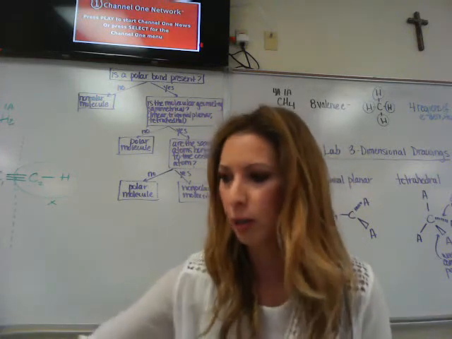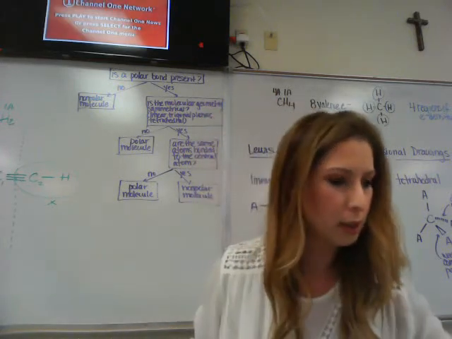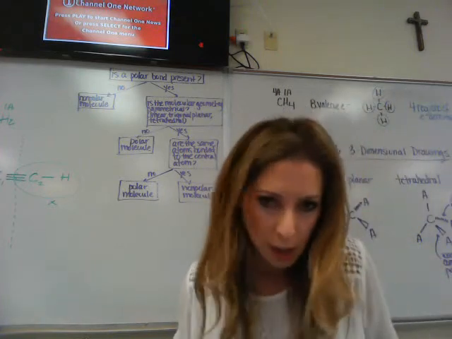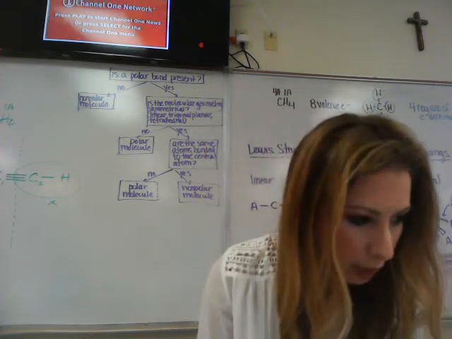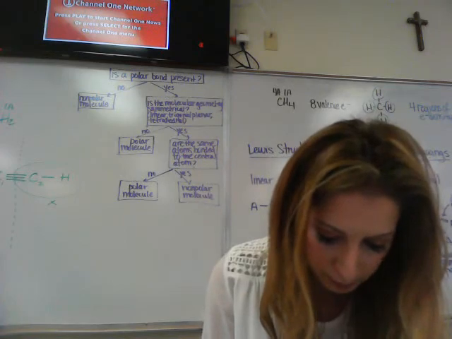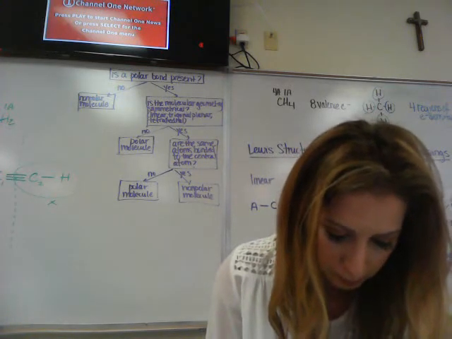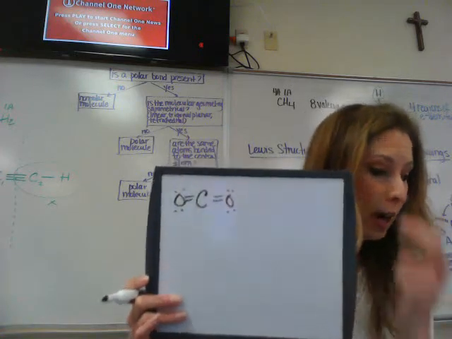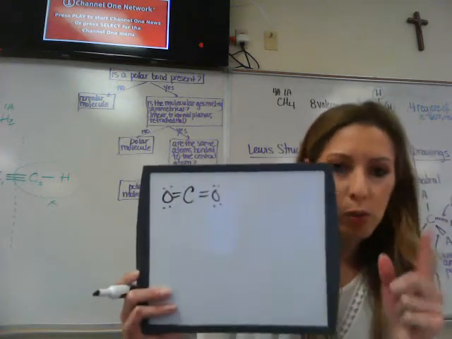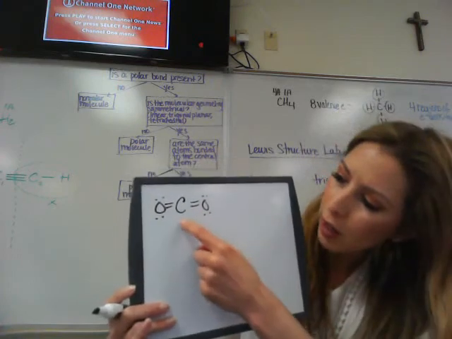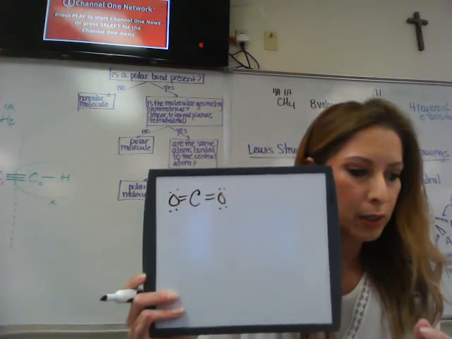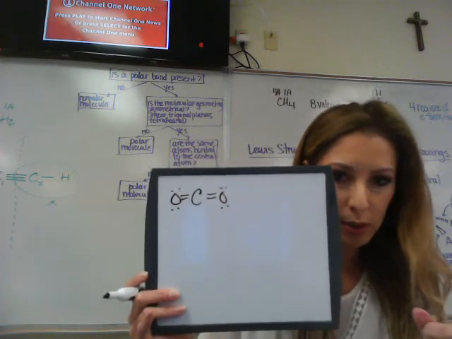So now that you know how to determine if we have a polar bond, we're going to go on to student exercise number 10, and that's carbon dioxide. Carbon dioxide looks like this, right? This is on the top of page 5. I've got one type of bond, a carbon-oxygen bond on either side. So really, you only have to determine whether that bond is polar once.